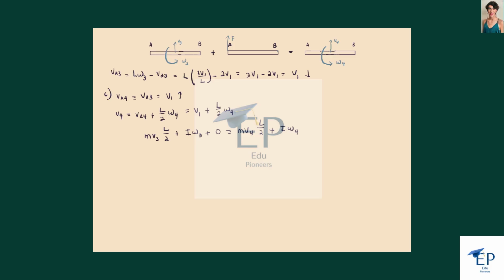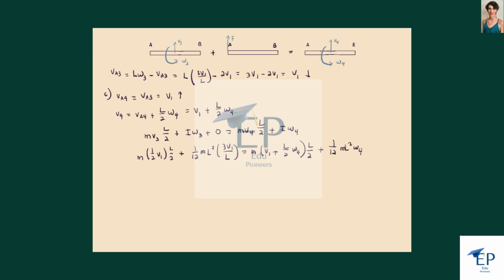Substituting the values that we have, this becomes m times 1/2 V1 times L over 2 plus 1 over 12 ml squared times 3V1 over L equals m times V1 plus L over 2 omega 4 times L over 2 plus 1 over 12 ml squared omega 4.